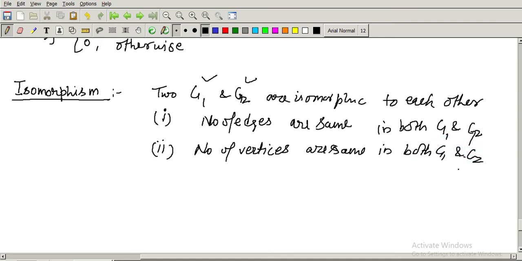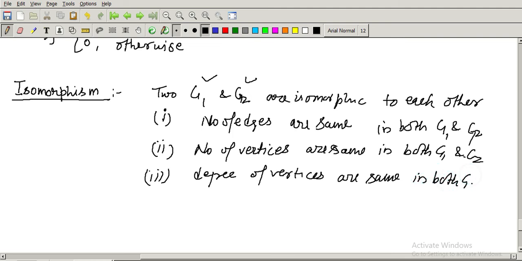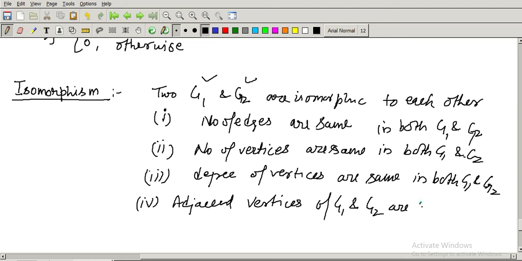Fourth, adjacent vertices must have the same degree, that is, adjacent vertices of G1 and G2 must be the same in both the graphs.